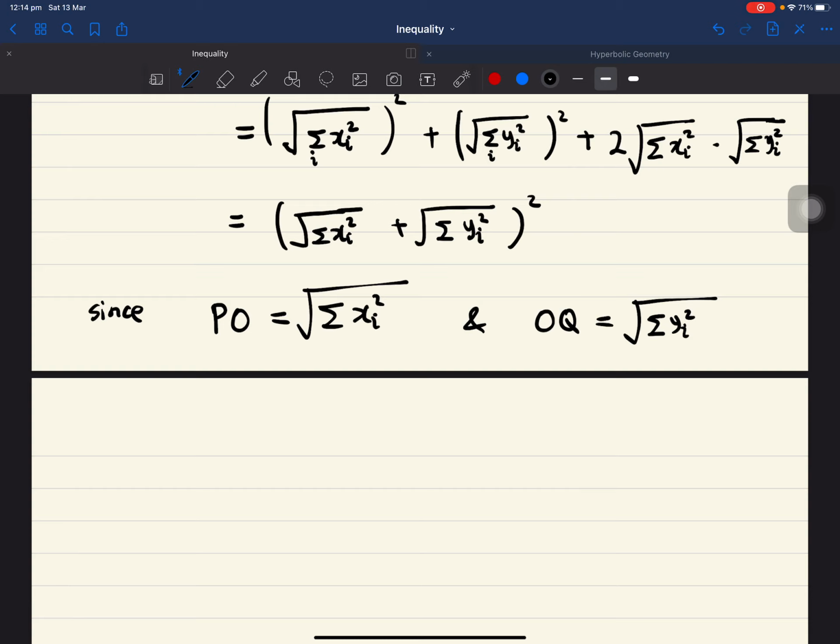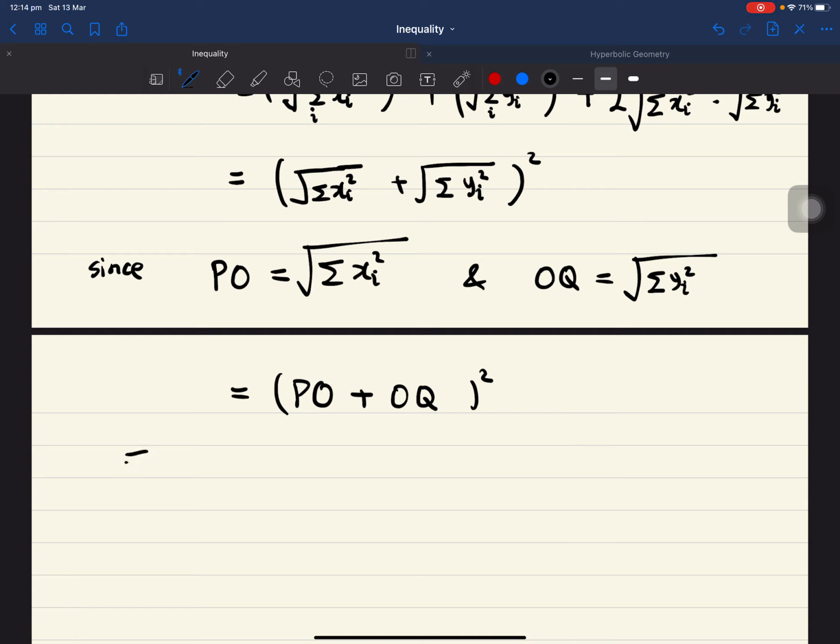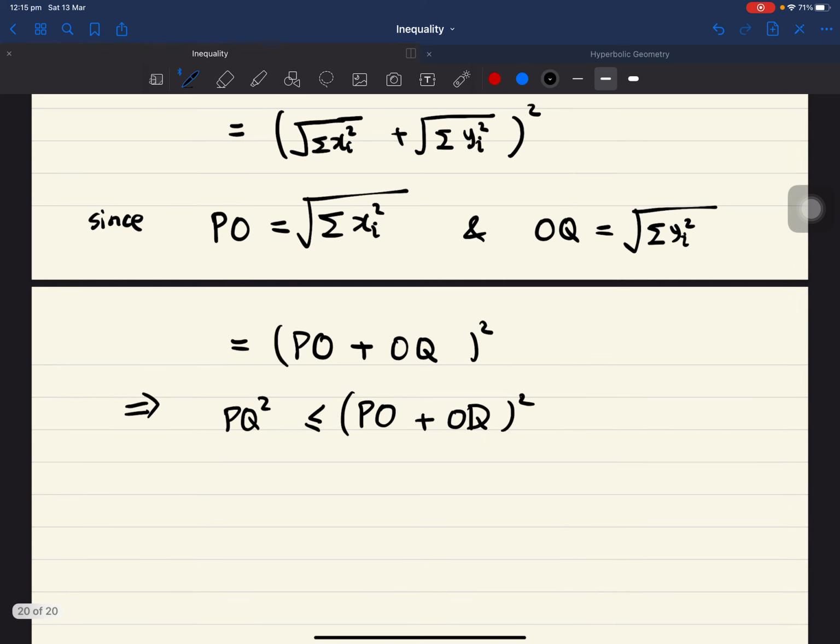So that is equal to PO plus OQ all squared. Therefore, we have PQ squared is less than or equal to PO plus OQ all squared. Therefore, we got PQ is less than or equal to PO plus OQ.